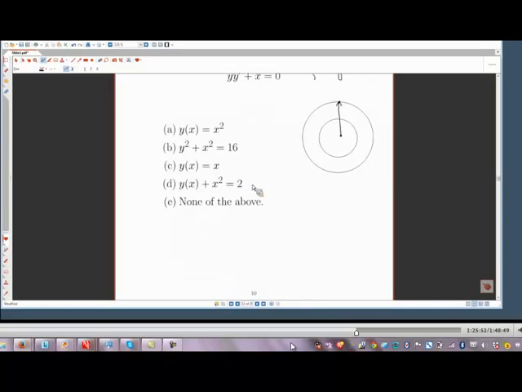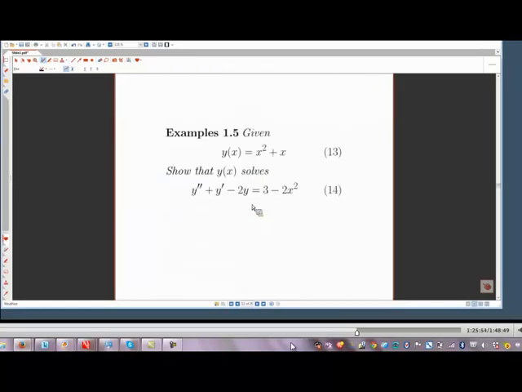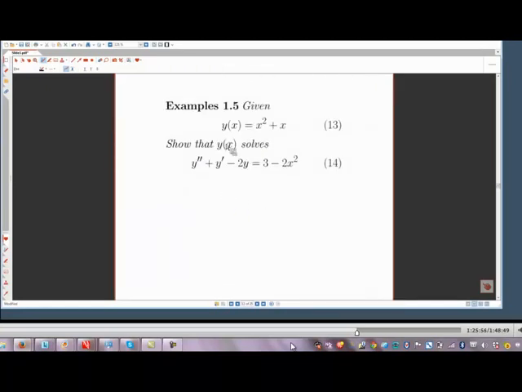Now coming to here, whether this is a solution of this, what you will do is plug this function back up here and check. So x squared plus x double derivative plus x squared plus x single derivative minus 2x squared plus x.